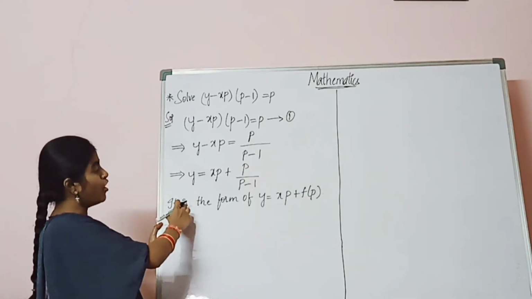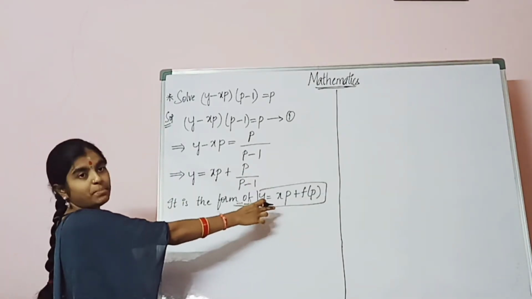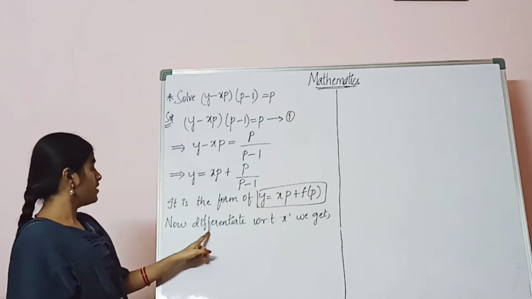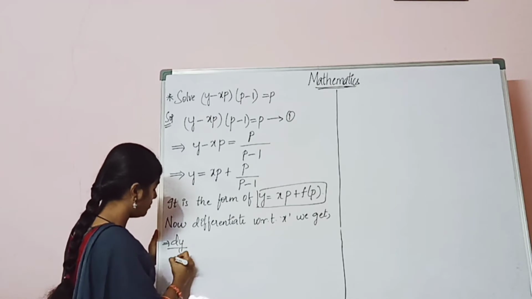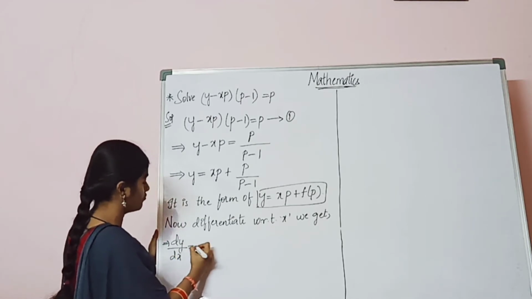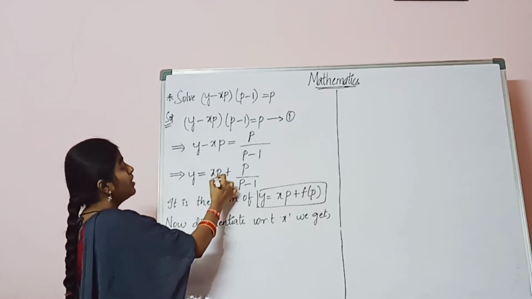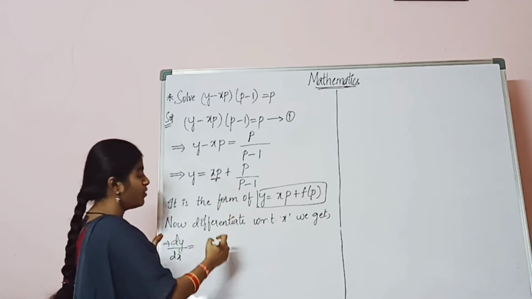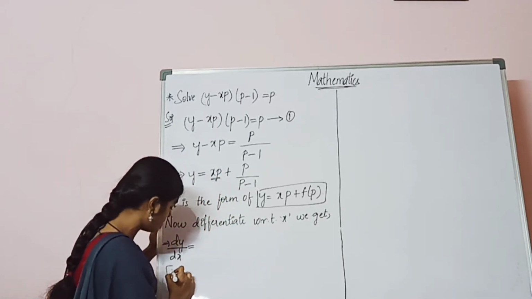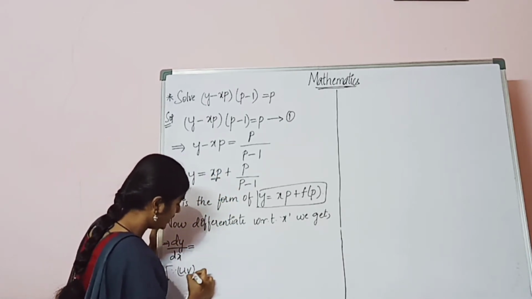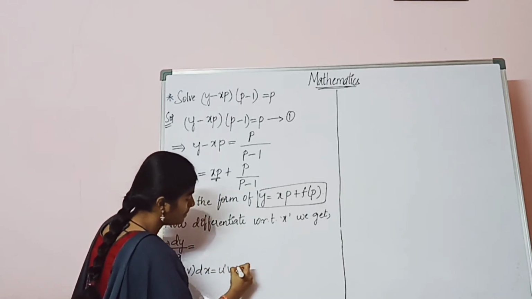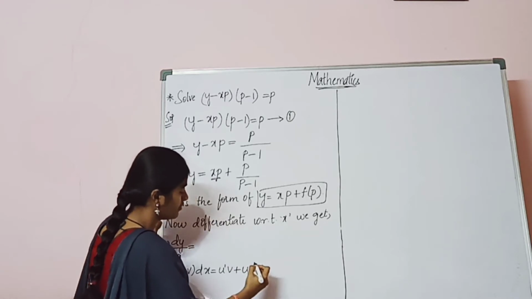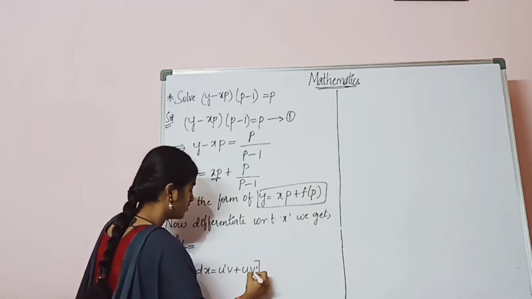Now it is in the form y equals xp plus f of p. Now differentiate with respect to x. That implies dy by dx equals, applying the uv formula, d of uv by dx equals u dash v plus u v dash.